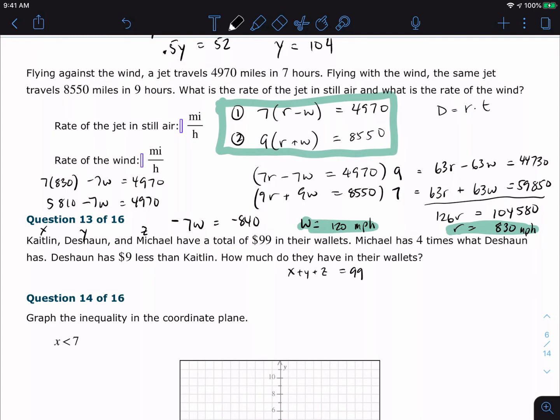Then it says Michael has 4 times what Deshaun has. So Michael is Z. He has 4 times what Deshaun has. So that's 4 times Y. And then it says Deshaun has $9 less than Caitlin.